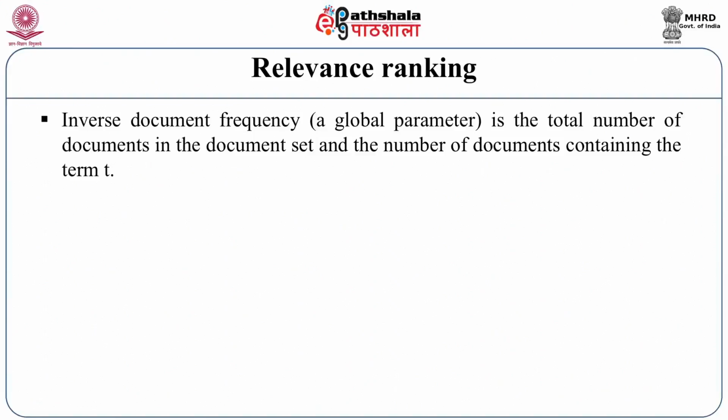So now I'll explain the inverse document frequency, which is a global parameter and is basically a fraction. That is the fraction between the total number of documents in the document set and the set of documents where the term has actually occurred.